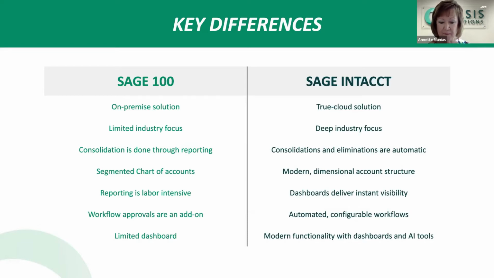A couple of the things that are in both products, but are more inherent and ingrained in Sage Intacct than in Sage 100, are dashboards and workflows. With Sage 100, those things are there, but they are typically third-party items, which is fine.